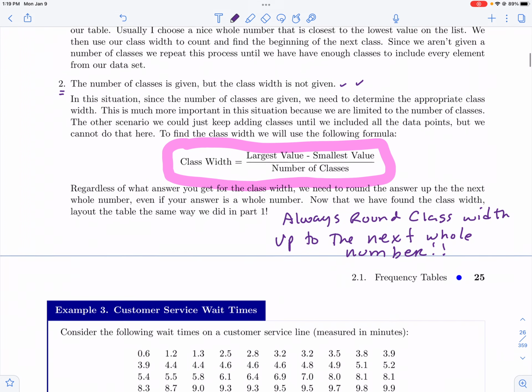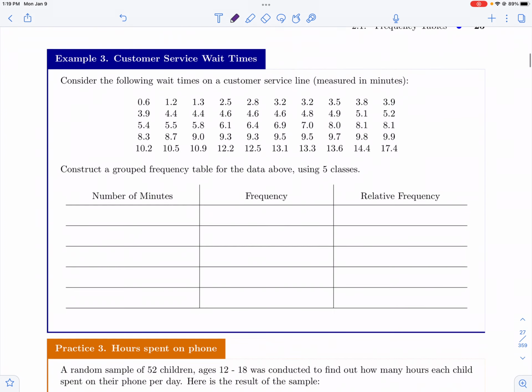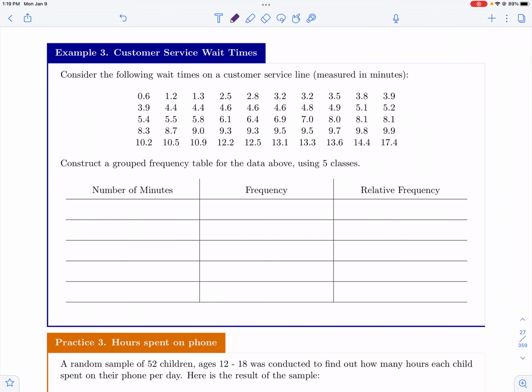First we need to calculate our class width before we do anything. Our class width is going to be our largest value minus our smallest value divided by the number of classes. And our largest value in this case is going to be 17.4.